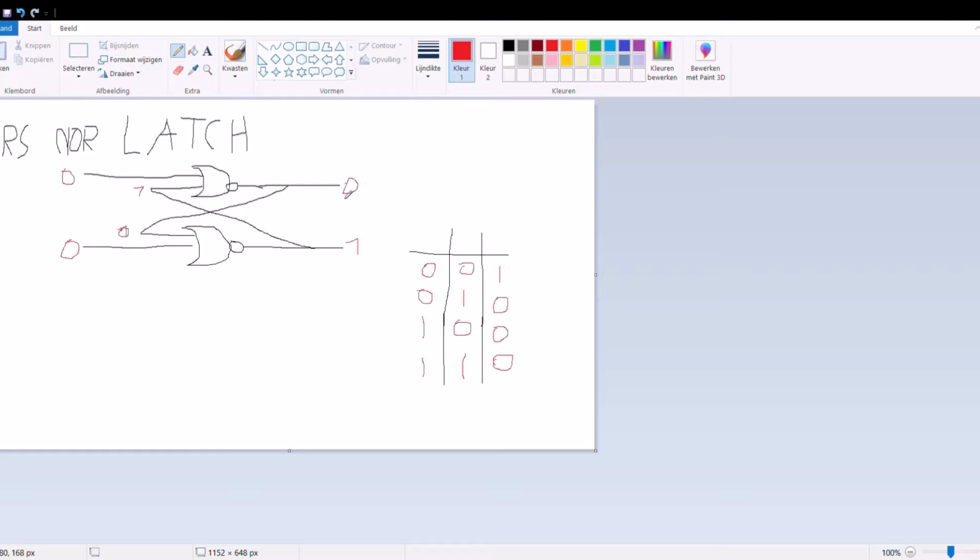we stored something here. Now there are still a lot of problems with this design, because here you have two inputs, we only want one input, and here you have also two outputs. The input one is a little bit more tricky, but the output is very easy.